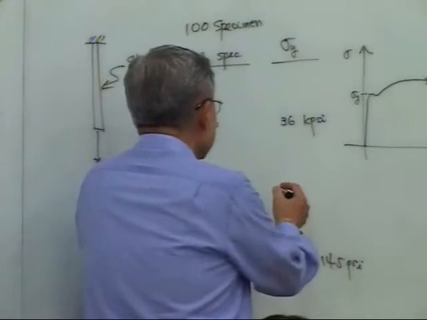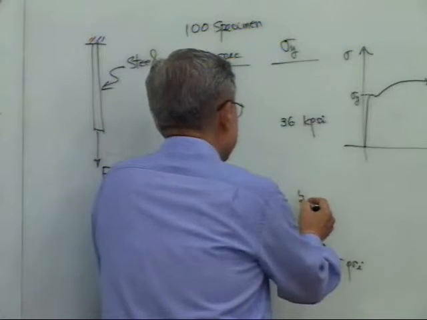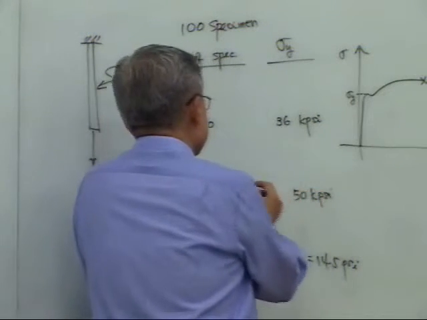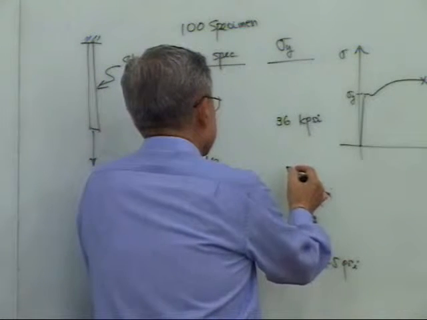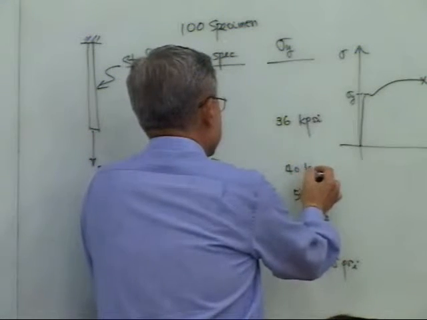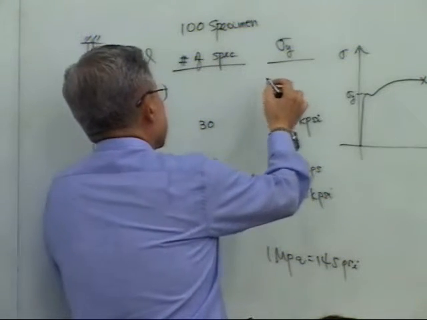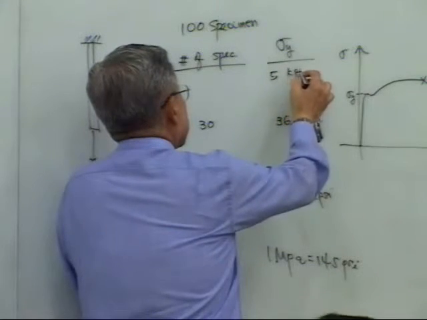Then some, something like 5, have about 50 kpsi. Some 10 are something like 40 kpsi. Some are like 5 kpsi.